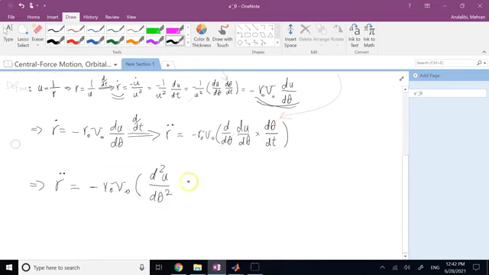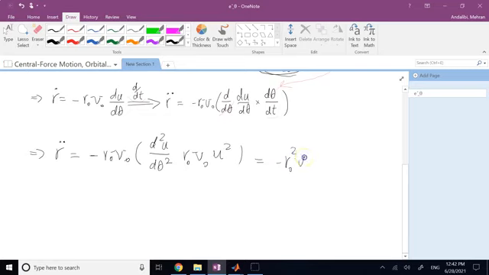R naught v naught u squared. Right? So if you simplify it, it is going to be negative r naught squared, v naught squared, u squared, second derivative of u with respect to theta.